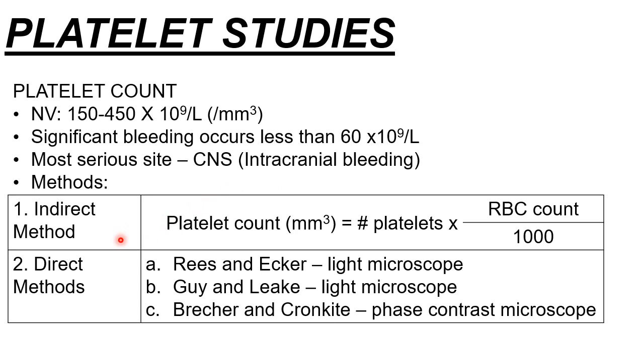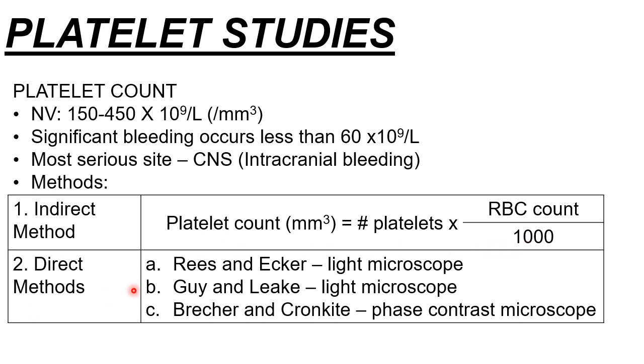We have two methods for platelet count, which is number 1, indirect, number 2 is direct. So indirect count, you take into account your RBC counts as well, no? Number of platelets sa blood smear, multiply the RBC count over 1,000.